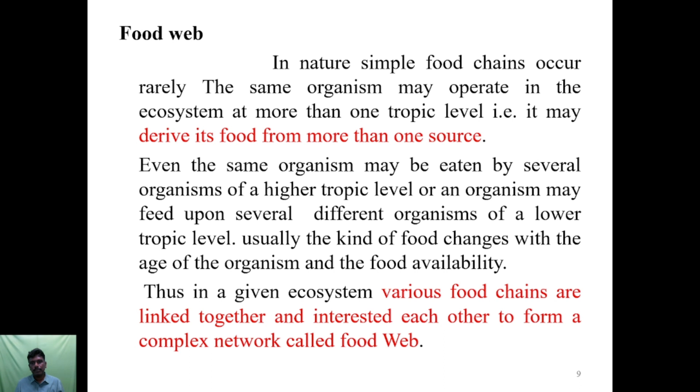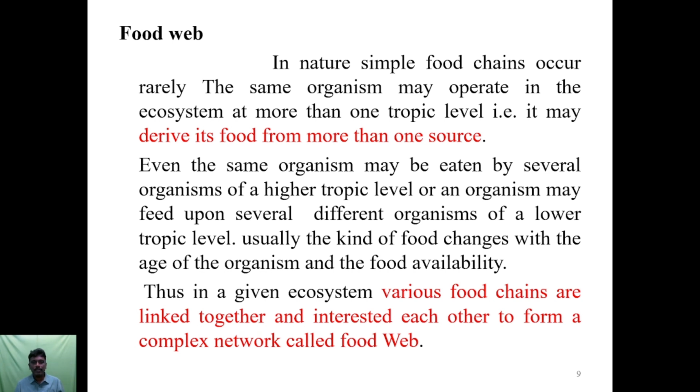In the previous chapter, we discussed trophic levels. Most of the organisms are in different trophic levels, not in a single trophic level. That is, an organism may derive its food from more than one source, not from a single source.